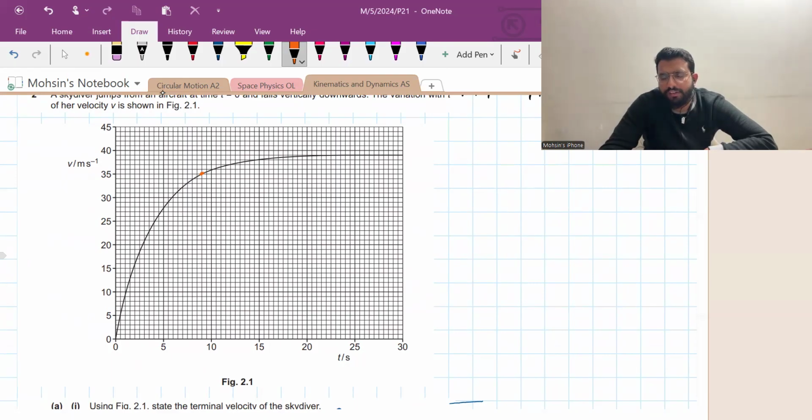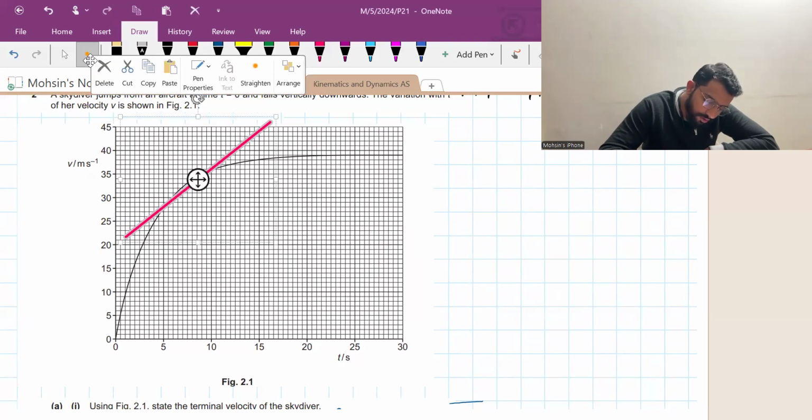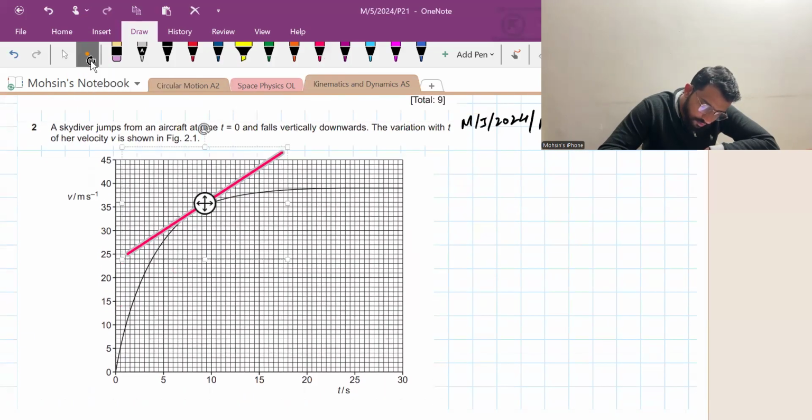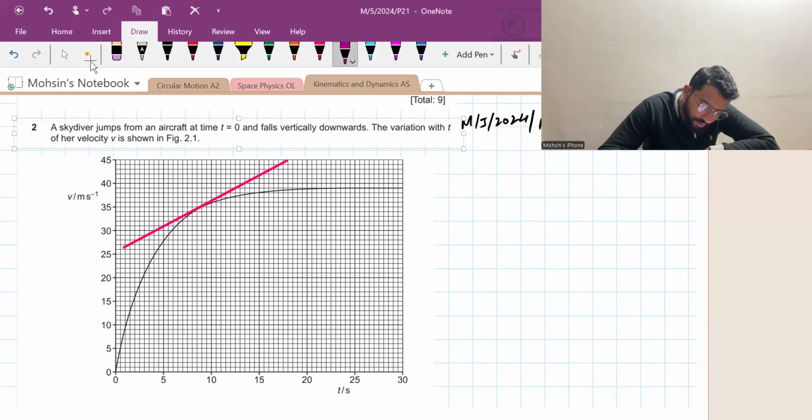But for gradient, we need 2 points. So for these types of questions, we draw a tangent. You have to use a scale for the tangent. Obviously, I'm drawing roughly. Okay, this is my tangent here, and I am using 2 points, one is this point, and one is this point.